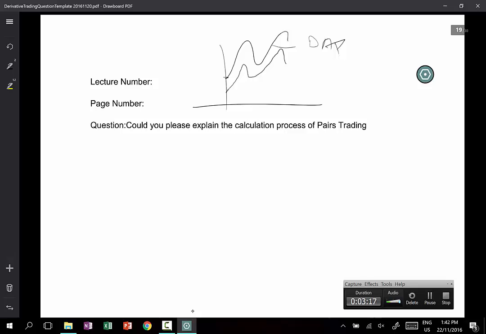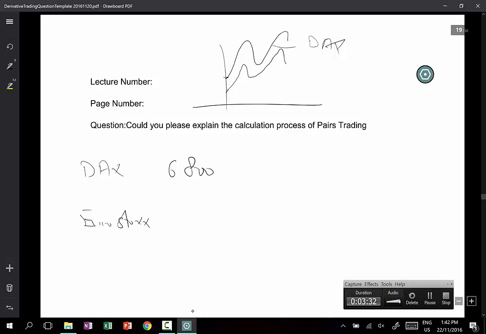Okay. Now we saw earlier that the DAX was trading at a value of 6,800, and then the Euro Stoxx 50 stocks. These people can't even spell stocks. STOXX is trading at 2,311.